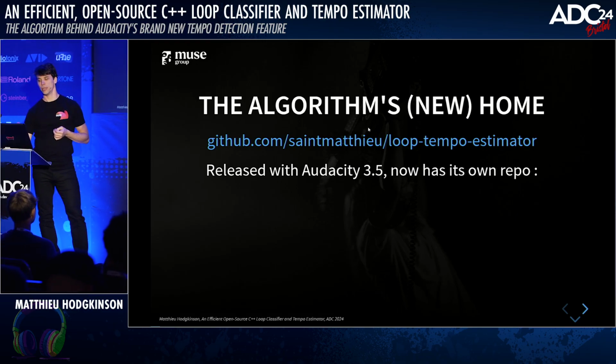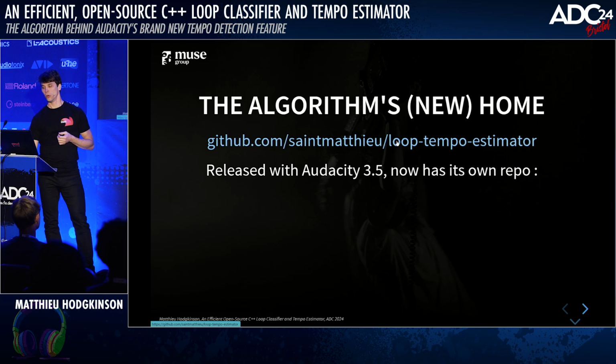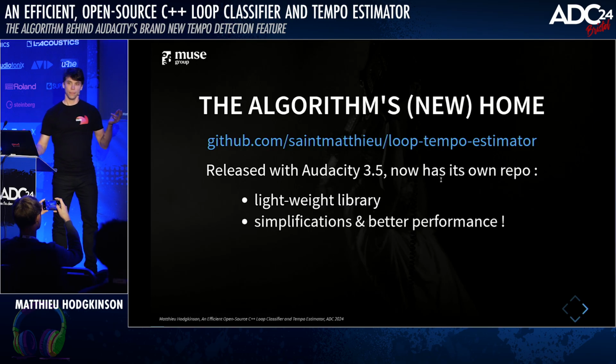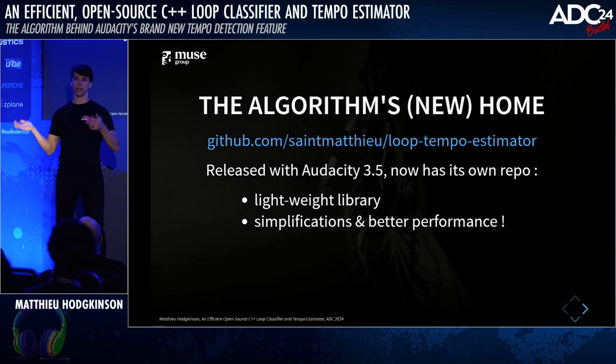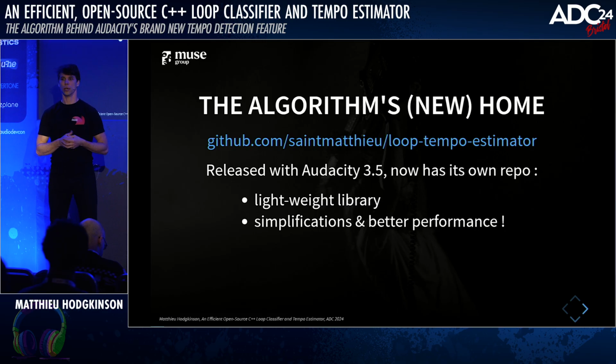Now the algorithm is in this repo, github.com, Matthieu, that's me, loop tempo estimator. It's indeed a lightweight library. It was also the occasion for me to review my algorithm. So lots of it are derived from textbook findings that I did or from existing solutions.